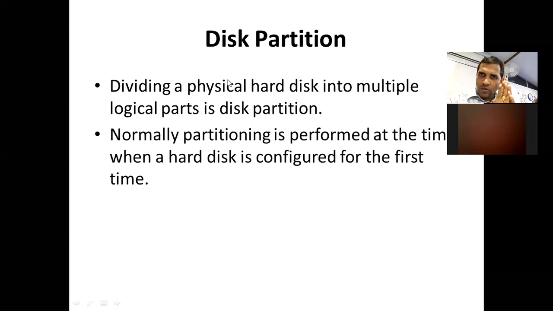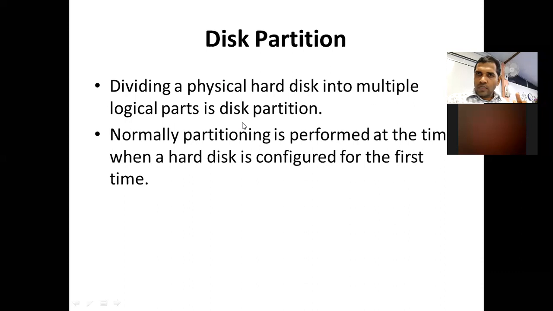It is actually not real, but it looks like it is real, right? But actually we cannot divide that physical hard disk into multiple parts. So this is partitioning. Look at the definition which I have given. Dividing a physical hard disk into multiple logical parts is disk partition.